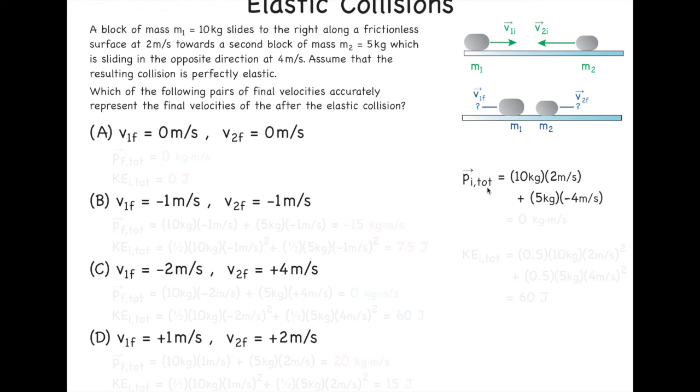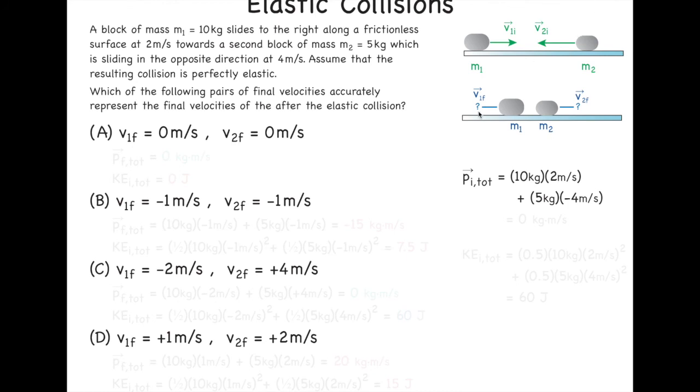The total momentum in the initial state is going to be m1, 10 kilograms, times v1 initial, 2 meters per second, plus the momentum of the second block, which is m2, 5 kilograms, times the velocity of the second mass, which is minus 4 meters per second, again, because it is moving in the opposite direction and moving to the left.